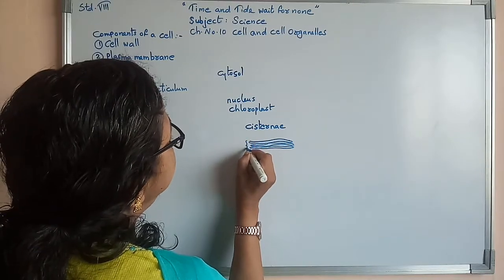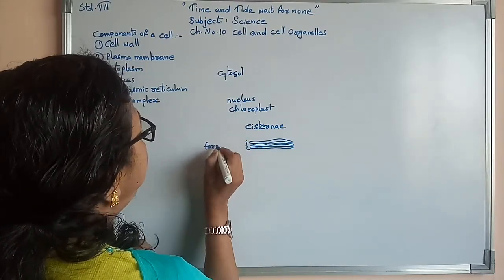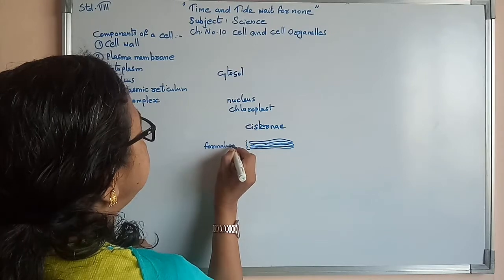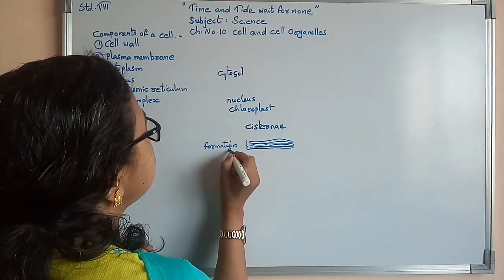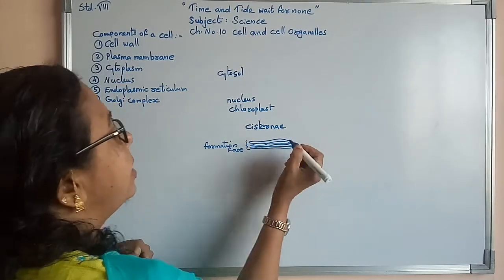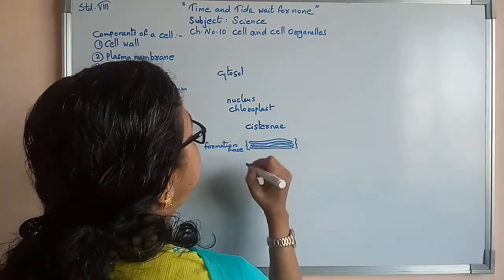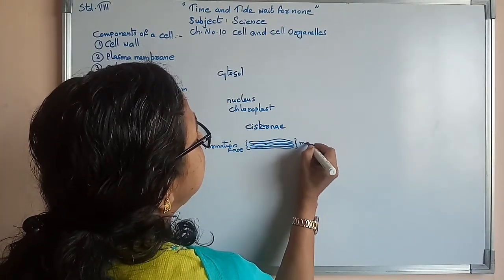One surface is known as the formation phase. The other end or other surface is known as the maturation phase.